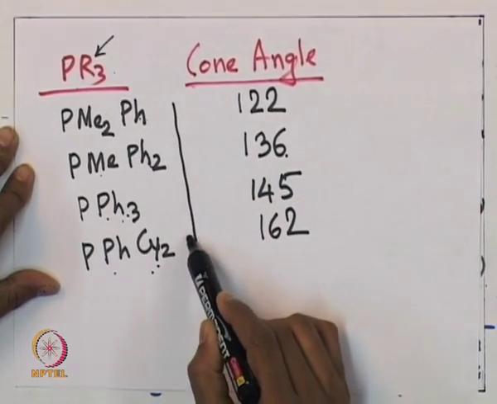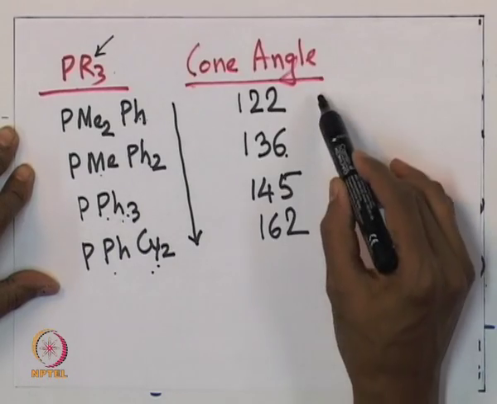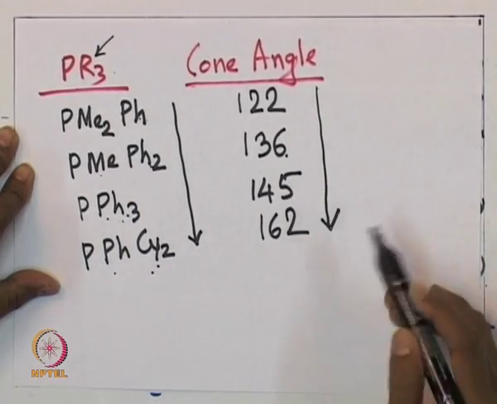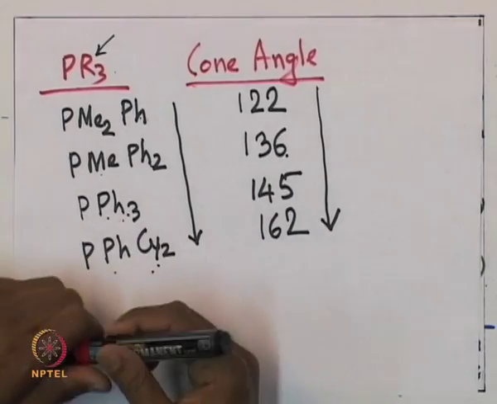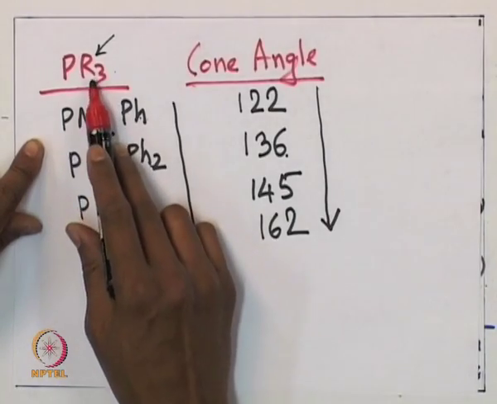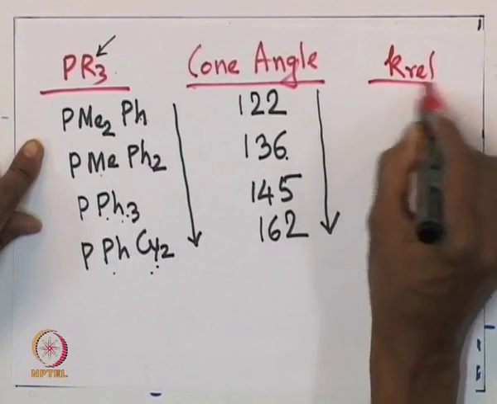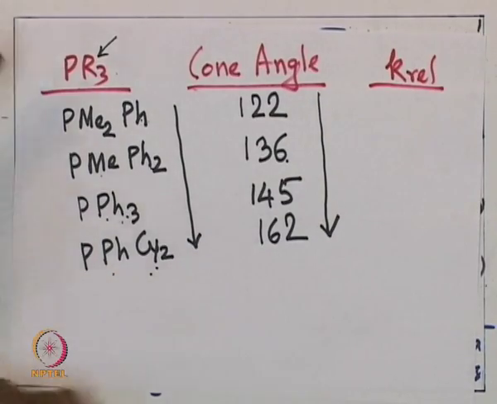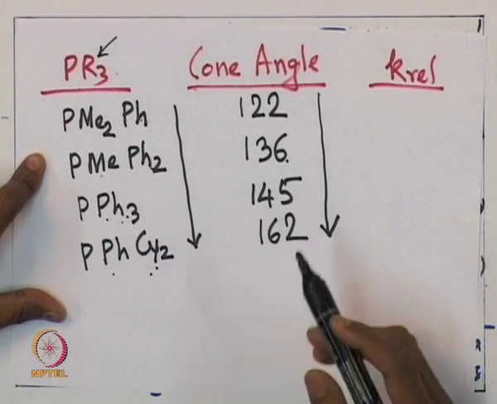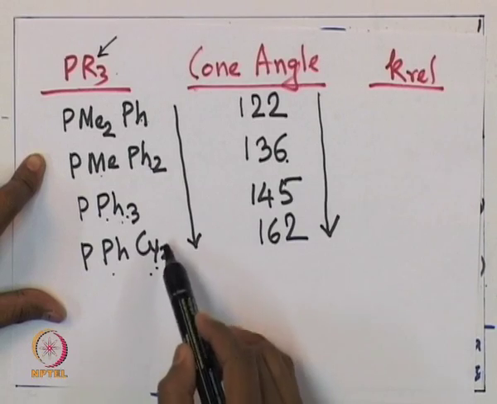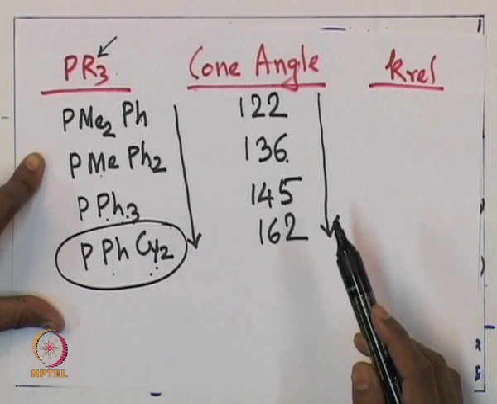So, from this series, as you see, the ligand size is increasing, the cone angle is also increasing. Now, if you look at that 18 electron complex where PR3 was there, the relative rate of these complexes, when you are varying different phosphine ligands, you will find that the dissociation is faster if the ligand PR3 is bulkier.